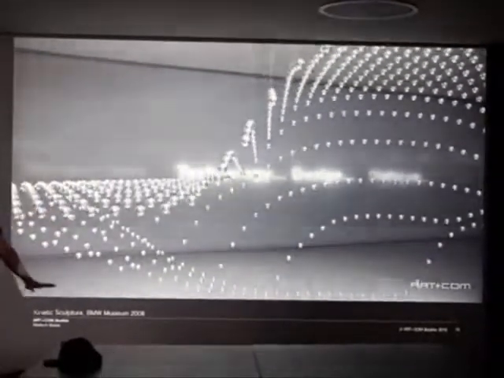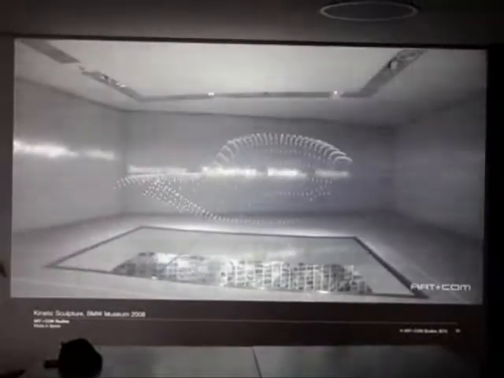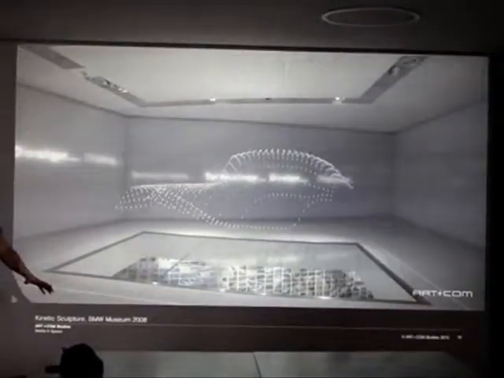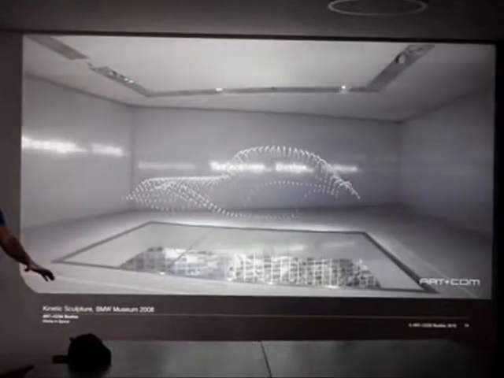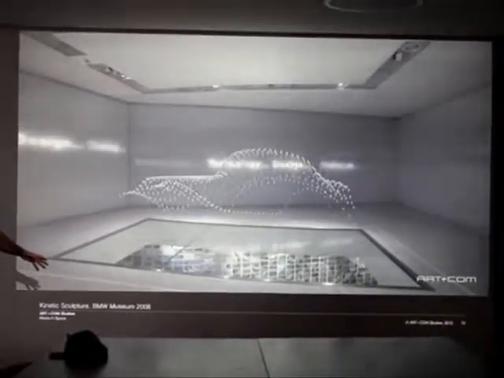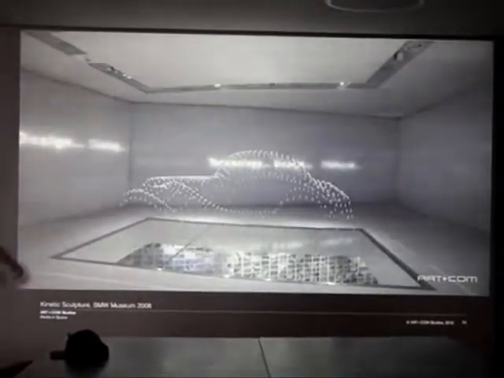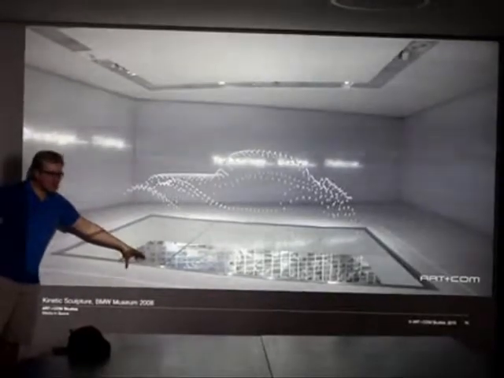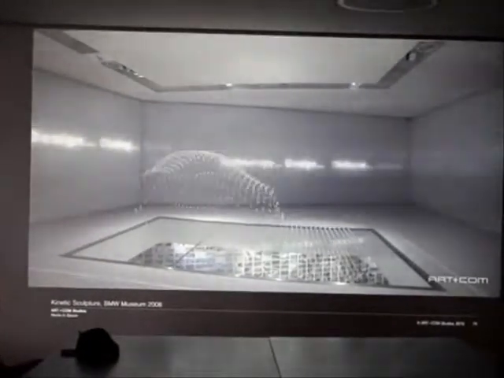Then there's a glass floor, and you look through that glass floor to a clay model, which in the design process is the next logical step after the conceptual phase. In the cellar, the lowest floor, there's then the first prototype of the BMW. So in this project, there are several teams involved.